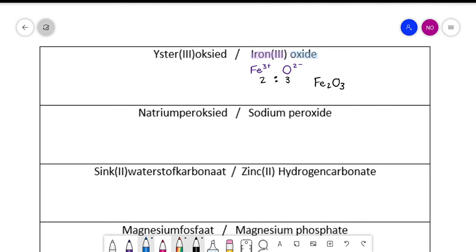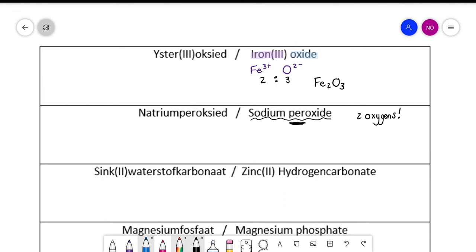And if I times this one by 2, I get +6. If I times this one by 3, I get -6. So it balances out.